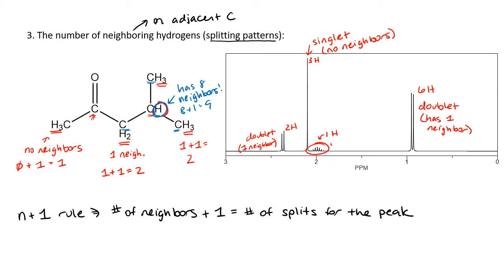This is known as a multiplet. And a multiplet just means that this hydrogen has lots of neighbors. So this is a very useful tool for knowing where hydrogens are in a particular molecule.